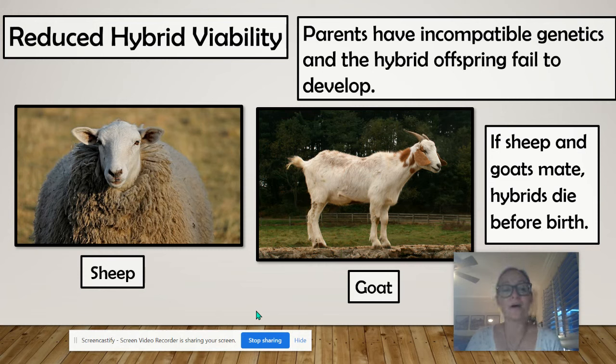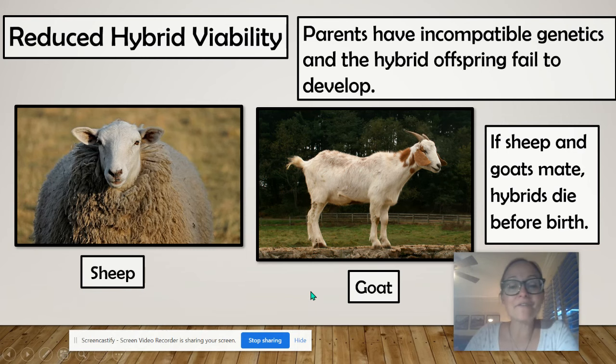You can imagine on farms, sheep and goats would be able to mechanically fit together and reproduce. However, you don't really see sheep-goat hybrids, because their genetics are so different, it's not compatible. Even though a zygote can form, it's basically like a miscarriage, it doesn't develop.